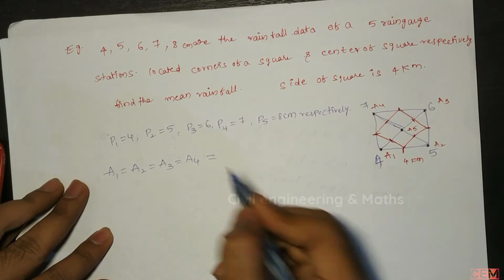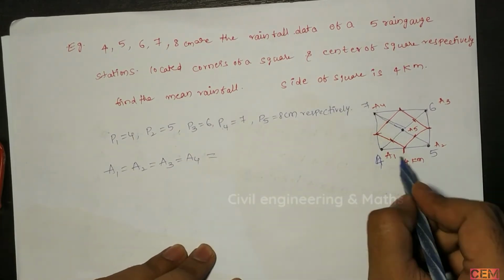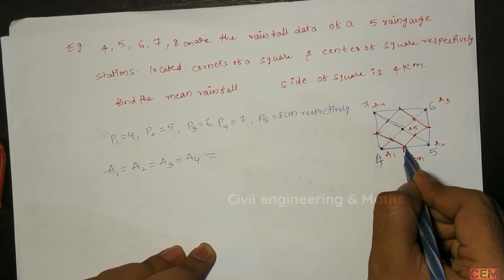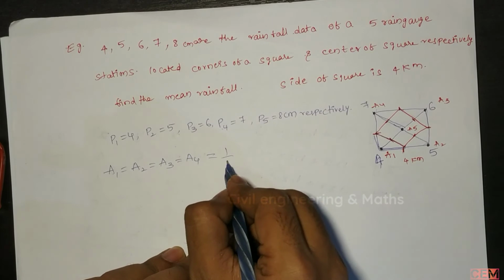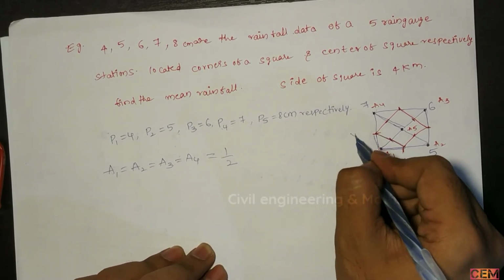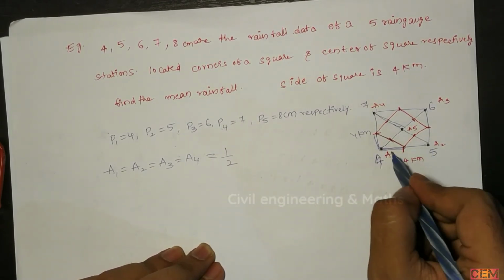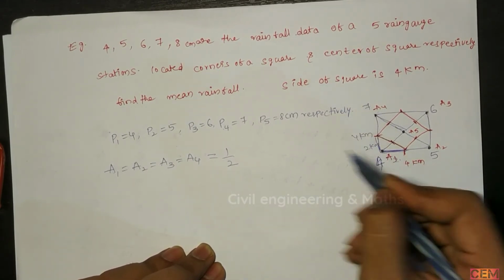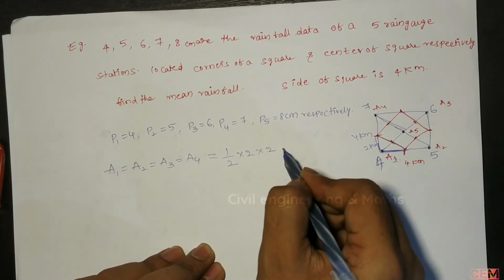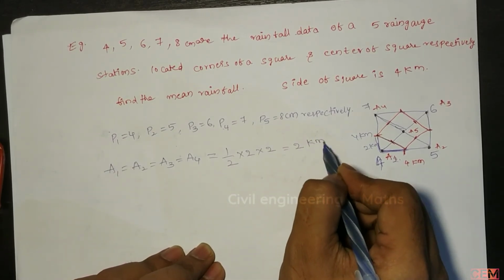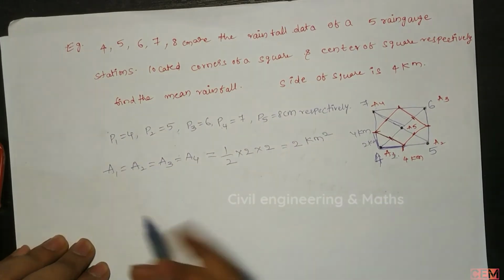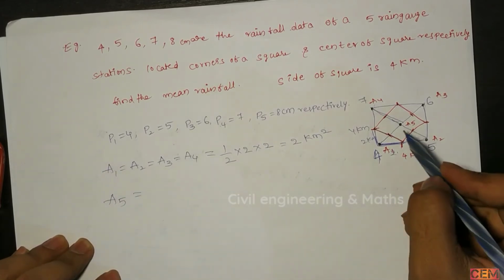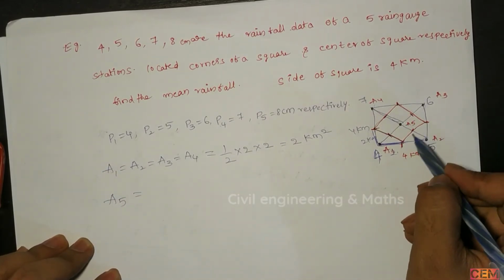This is a triangle. The area of a triangle is half into base into height, which is half into 4 kilometers into 2 kilometers, which is 4 kilometers square. Then the area A5 is the area of this one.